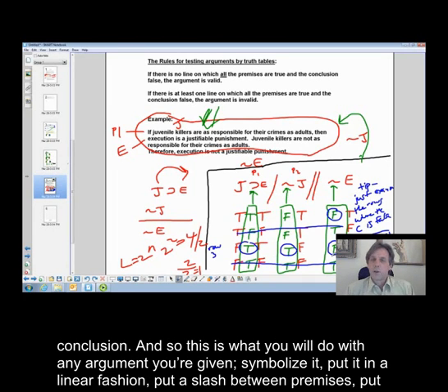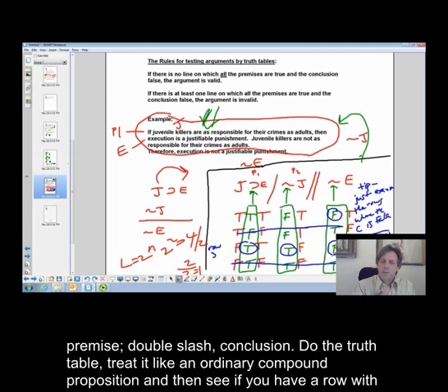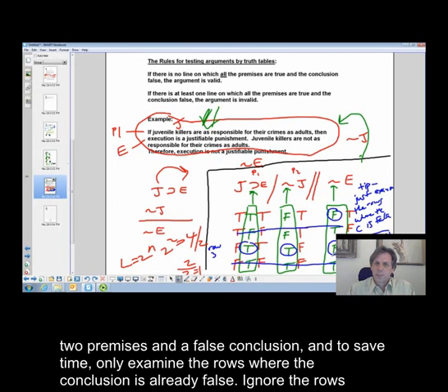And this is what you will do with any argument you're given. Symbolize it, put it in a linear fashion, put a slash between premises, put a double slash between the last premise and the conclusion, or if you only have one premise, you go right to the double slash. Do the truth table, treat it like an ordinary compound proposition, and then see if you have a row with true premises and a false conclusion.